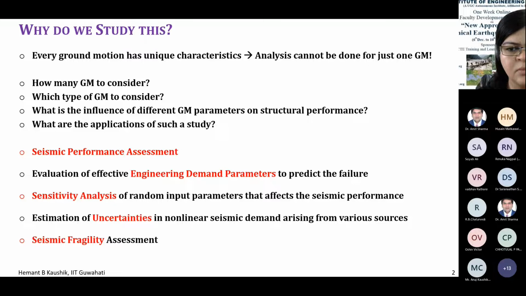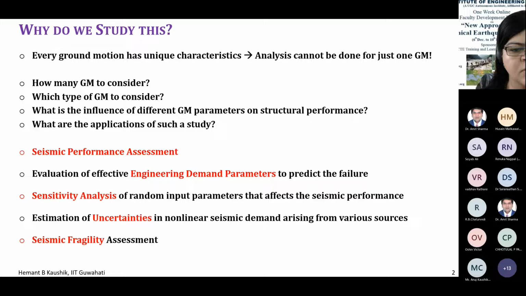Because there are near pulse ground motions, near fault ground motions, then there are far field ground motions, intermediate ground motions, deep earthquakes, shallow focus earthquakes, right? So many ground motions are available. So we have to first study what the influence is when we use different ground motion parameters. What is their influence on the structural performance? That we have to study. Only then will we be able to answer these questions.